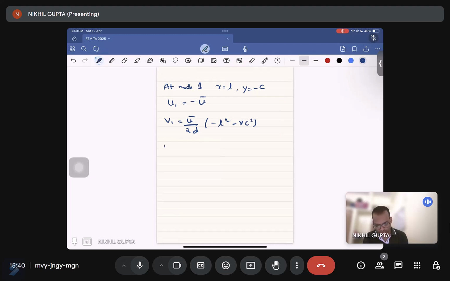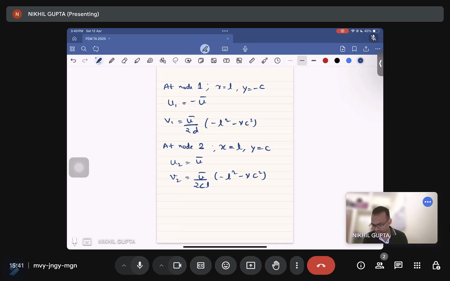Now at node 2, where x is equal to L and y is equal to C, u2 equals u bar and v2 equals u bar by 2cl minus L square minus nu C square.